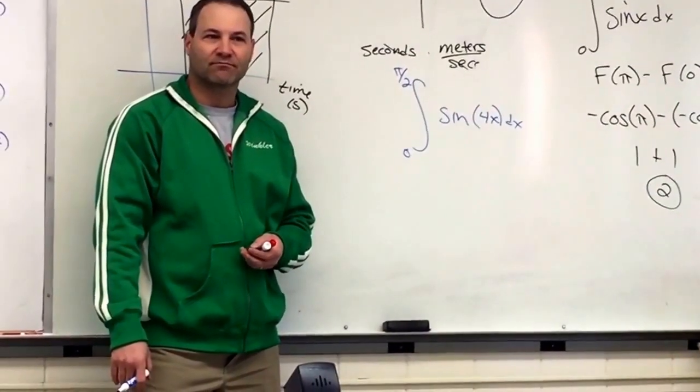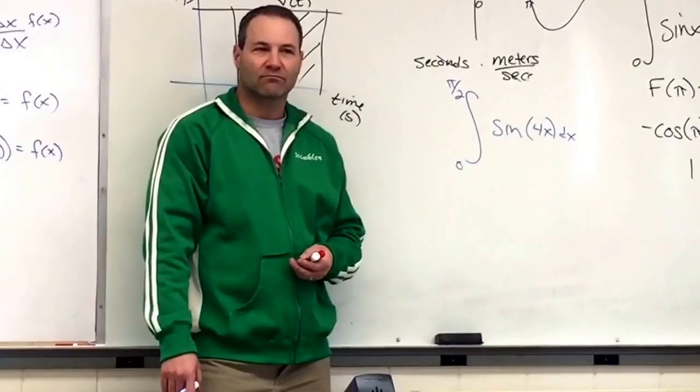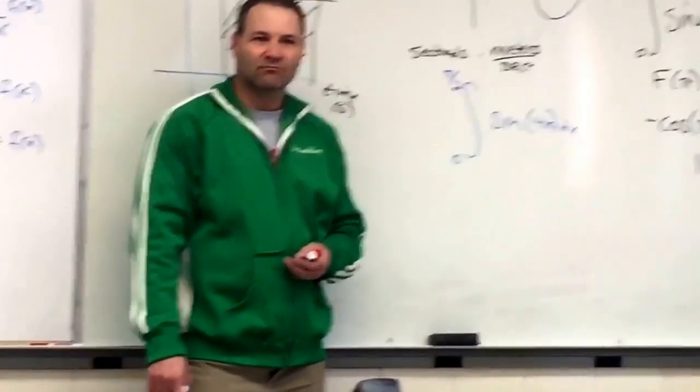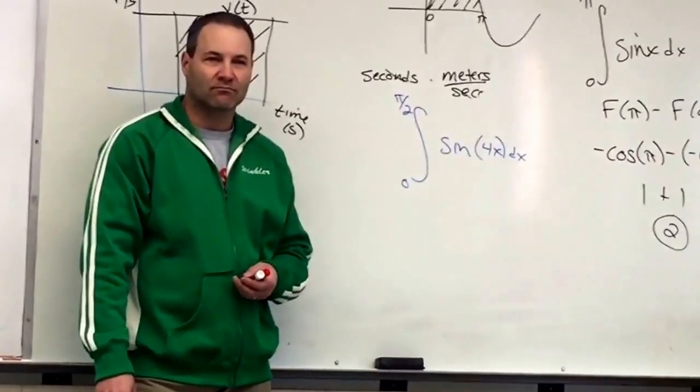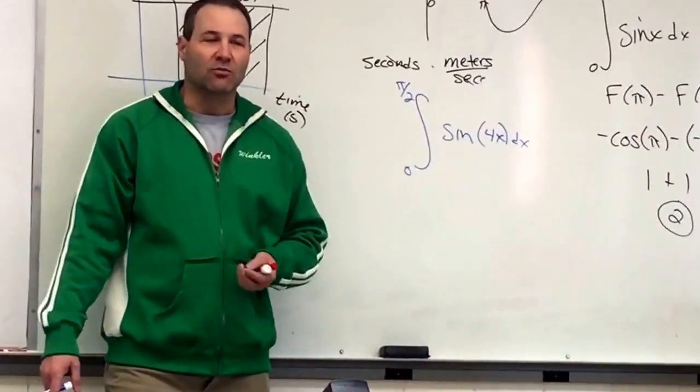Using the chain rule, negative 1/4 cosine of 4x. If you aren't sure, you could check with the derivative.